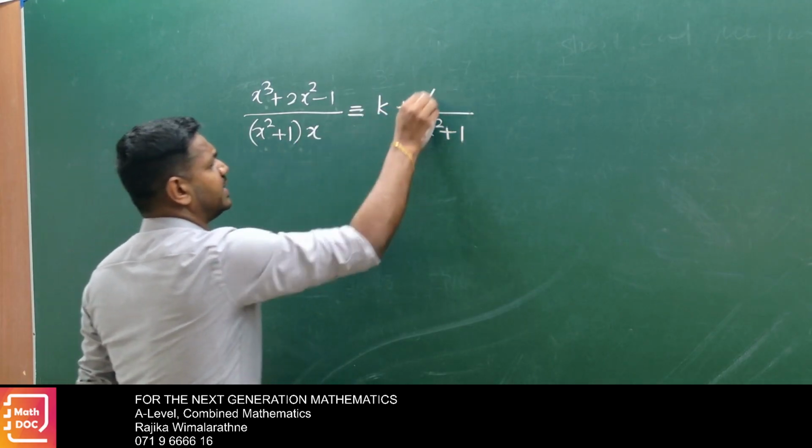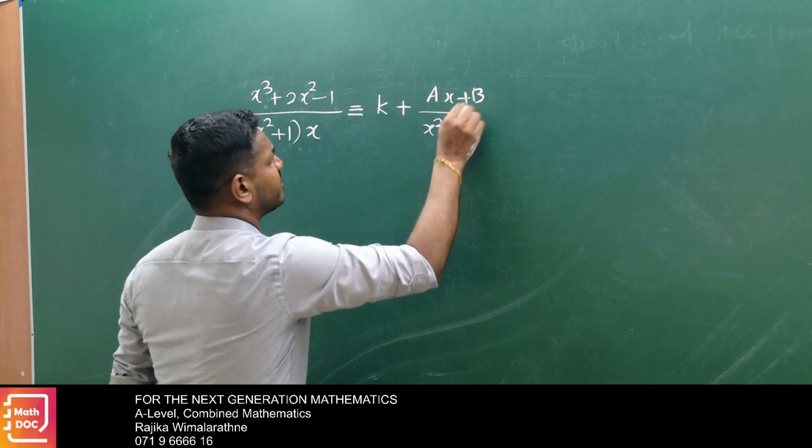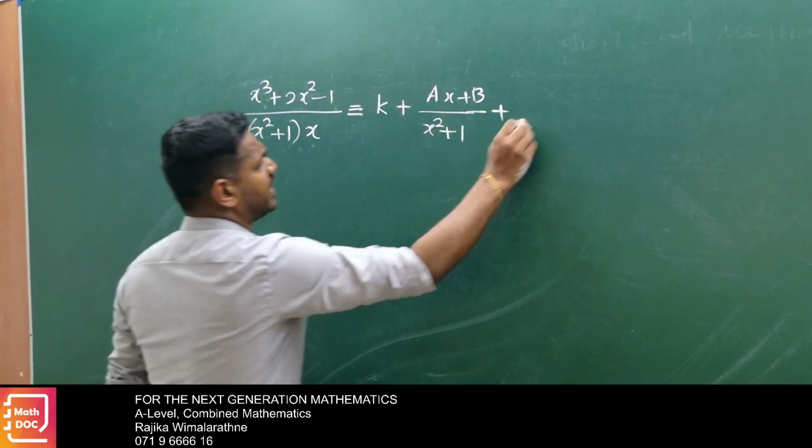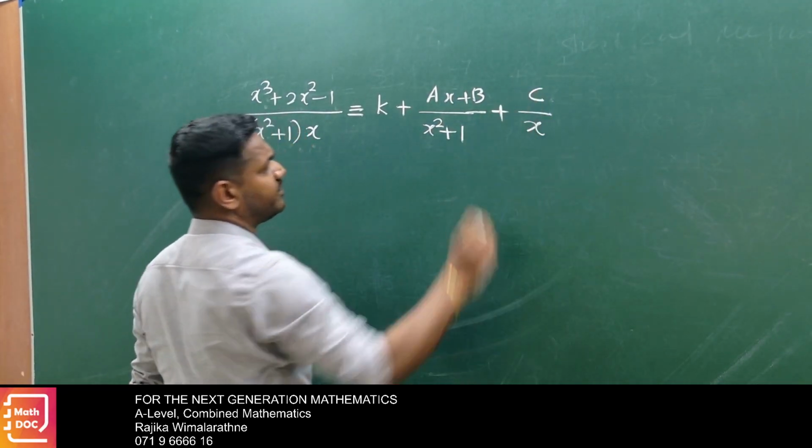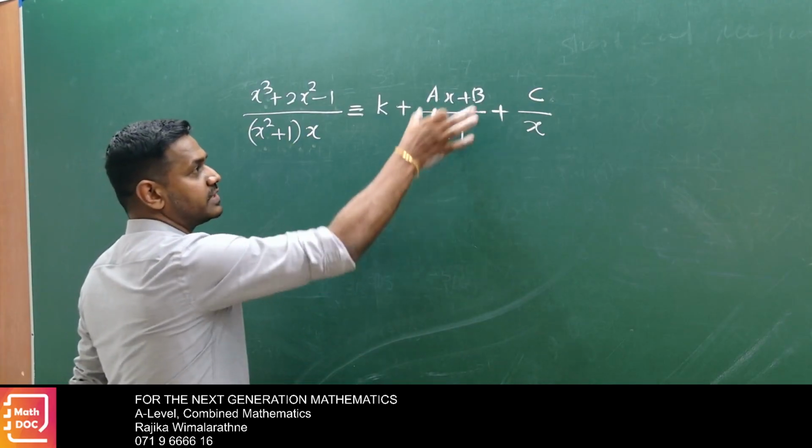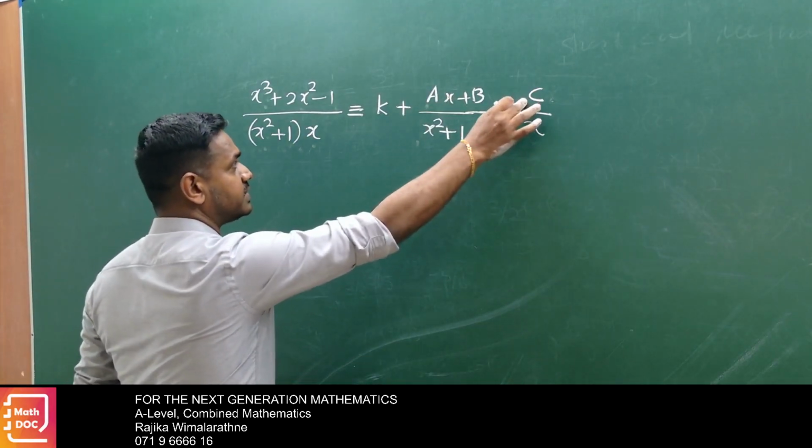Then write upstairs linear. And here x, you put constant c. Here quadratic 1, no? Write linear 1, write constant.